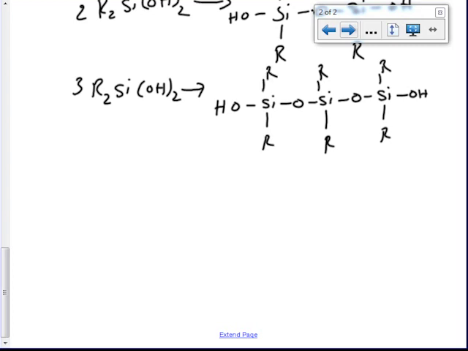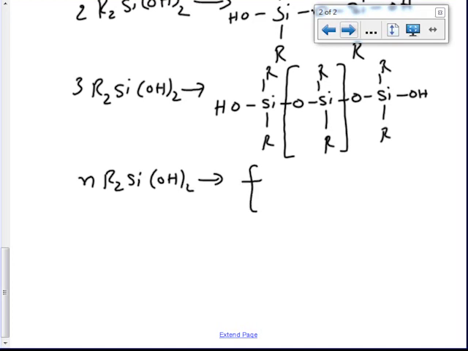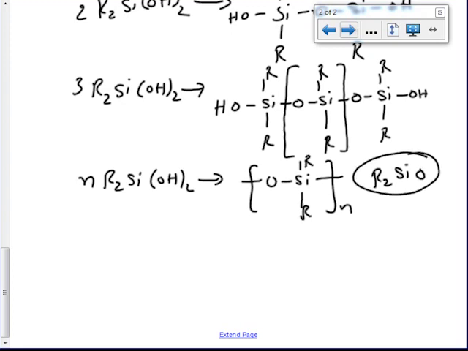If n molecules are combined, see what the repeating unit is. Like how you write in the polymer chapter, the same way, we can say this is our repeating unit, that is O-Si-R, n times. That's why I am saying this R2SiO is called silicones.